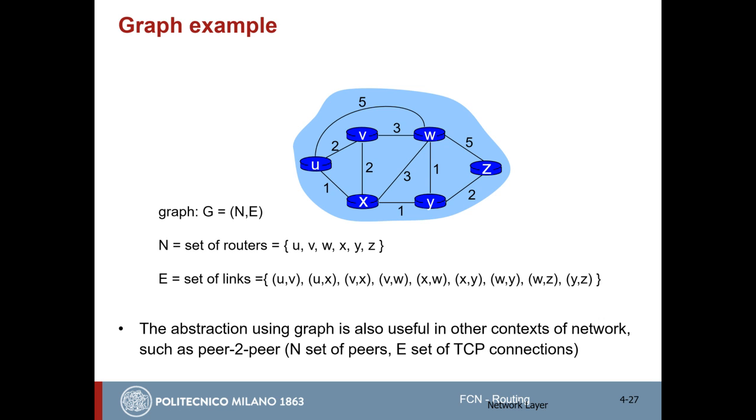This is the abstraction that we can use to find the shortest path, and the meaning where the nodes are routers and the links are connections between routers is useful at layer 3, but the same representation can also be used in other contexts. For example, at the application layer, this may also be used to find connections in a peer-to-peer service.